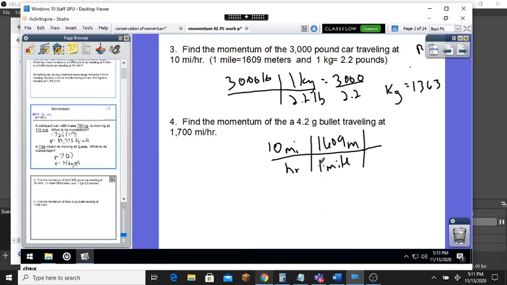And we need to convert hours. So miles is going to cancel here, so we're left with meters. We want the bottom to say seconds, so hour is going to jump up. And we know that in 1 hour, there's 3,600 seconds. So when I do 10 times 1609, I'm going to multiply everything on the top.